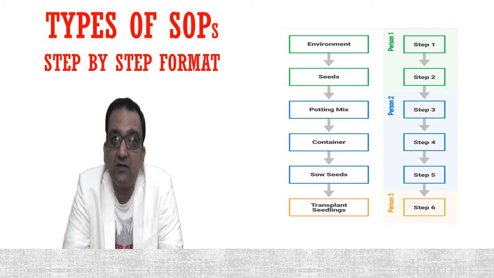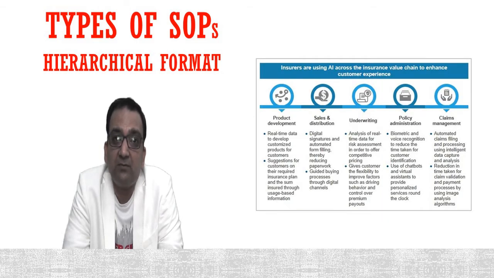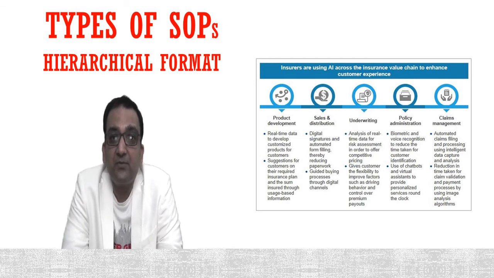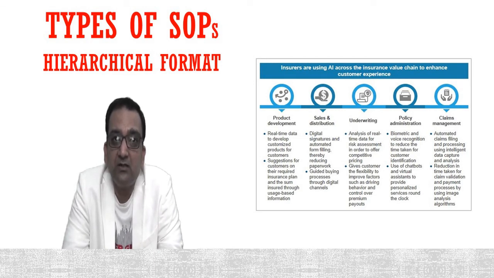The hierarchical format of SOPs borrows from the above format. It involves listing the steps of the process to be completed. However, hierarchical SOPs provide additional details within each step as deemed appropriate. While a purely step-by-step SOP will list processes as step number 1, 2 and 3 and so forth, a hierarchical one may include step 1A and 1B, 2A, 2B, 2C, or maybe 3A and 3B.